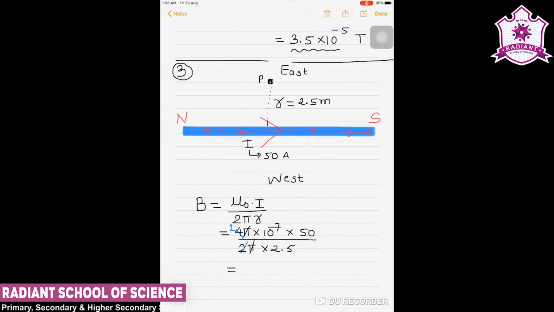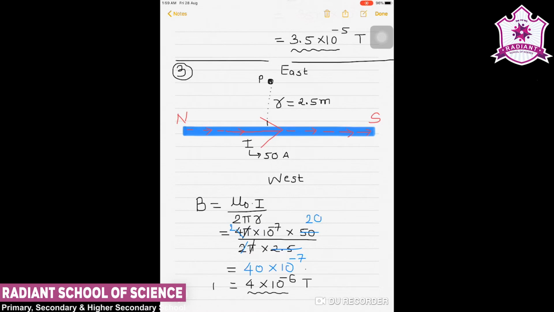Now 2.5 will have relation with 50, that 25 20's are 50, so here it will be 20. Now we have 4 in the question and this is 10 raised to minus 7. So our answer will be 4 into 10 raised to minus 6 Tesla.